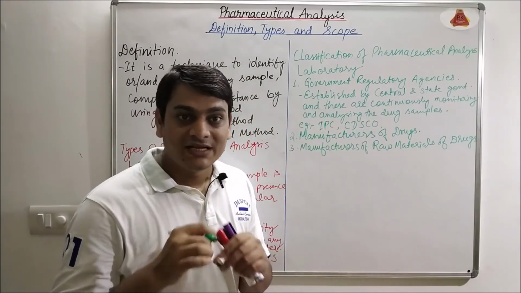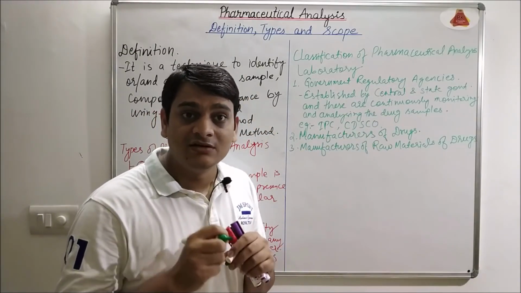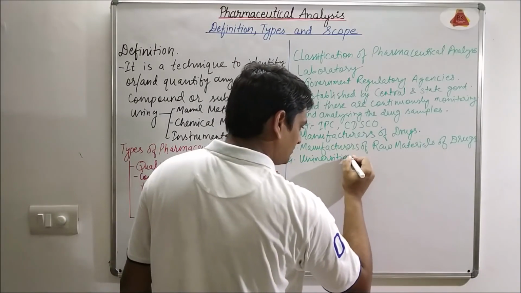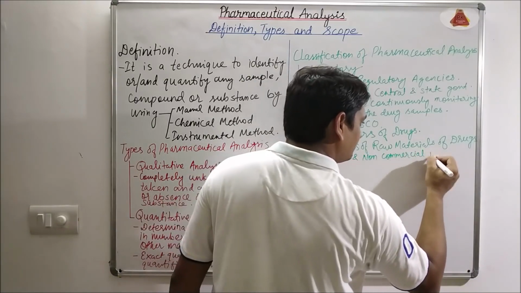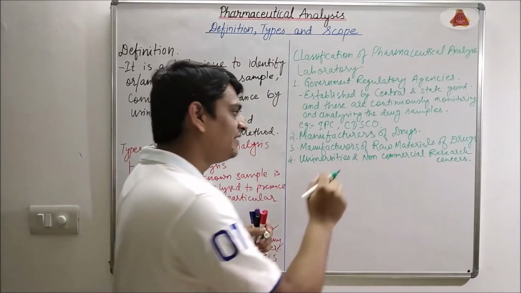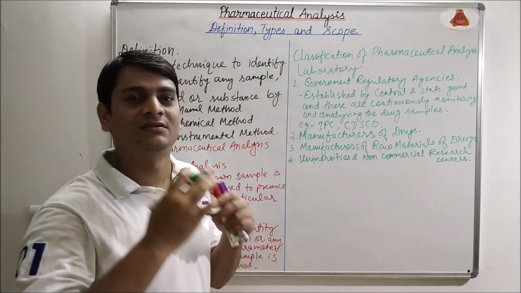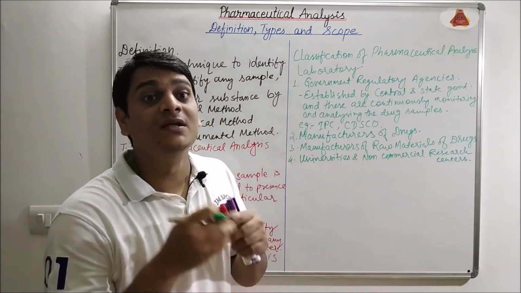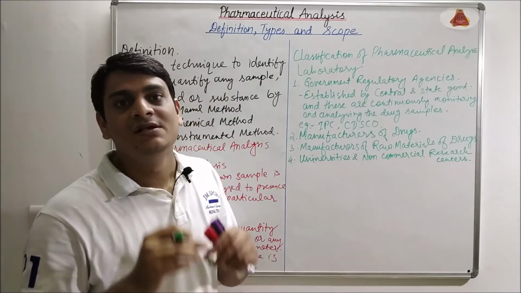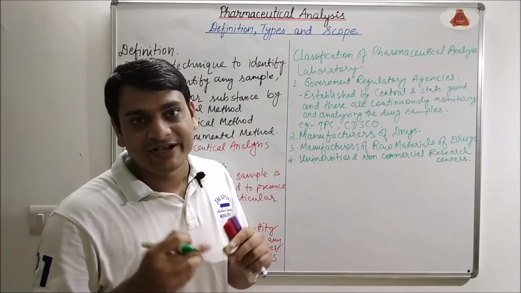Now coming to the next one, which is universities and non-commercial research centers. In the universities and various non-commercial research centers, CIF or Central Instrumentation Facility labs are available, and in those laboratories analysis of drugs can take place.